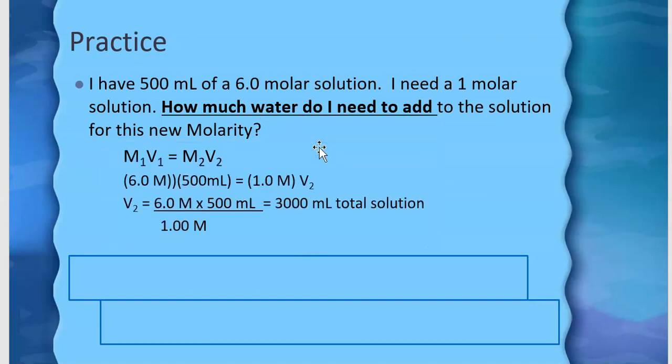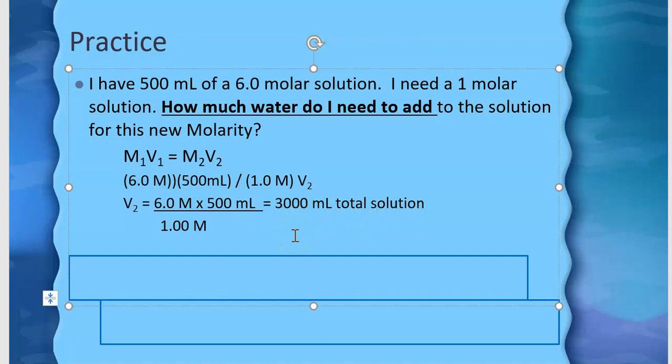Okay, so when I look at this, this part is all the same as it was on the slide before. M1V1 equals M2V2. So I write it, I solve it, I math it. 6.0 times 500 milliliters over 1 molar gets me 3,000 total milliliters.